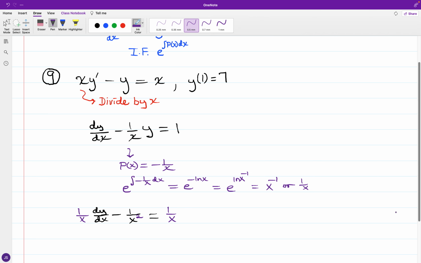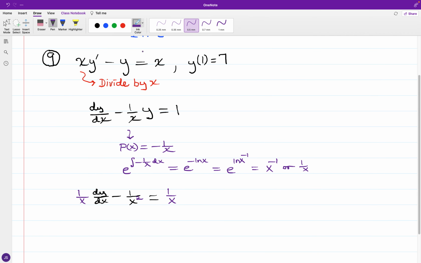In the rewrite, the left-hand side of the equation is going to turn out to be the expansion of taking the derivative in x of the product of the integrating factor times the dependent variable y.